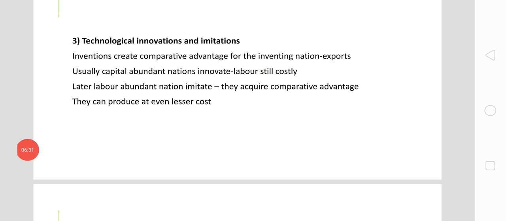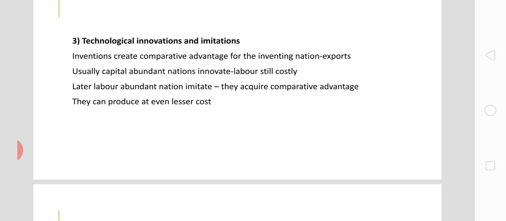So that technological innovation will be followed by imitations after a certain period of time. So some other nations will imitate the newly invented technology. Usually technological innovations will happen originally in developed nations, which will be capital abundant, but their labor cost will still be costly.